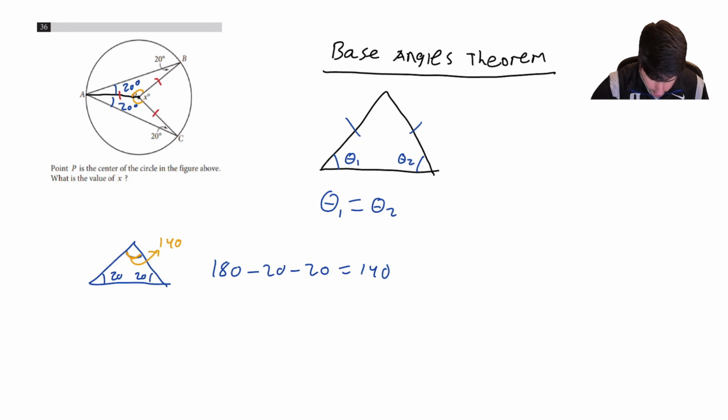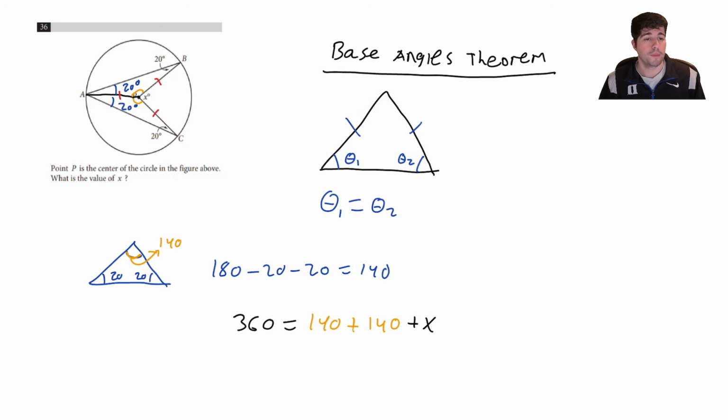We have that these two orange angles are both equal to 140, and we know that the sum of the two orange angles plus the angle x must equal 360, right? So we know that 360 must be equal to one of the orange angles plus the second orange angle plus x, right?